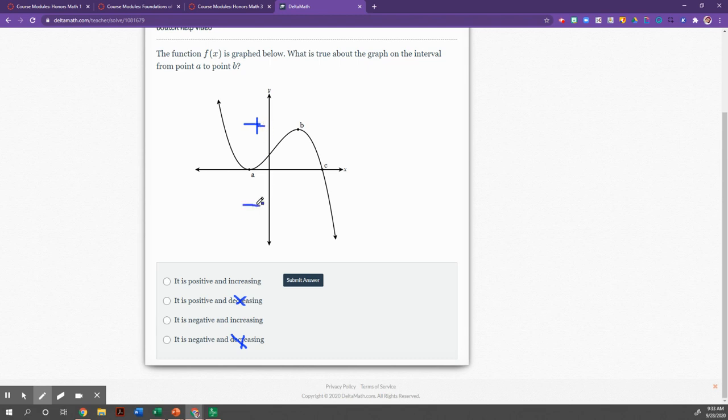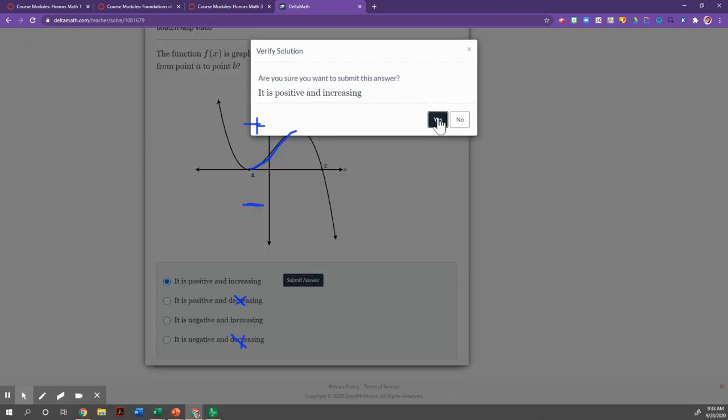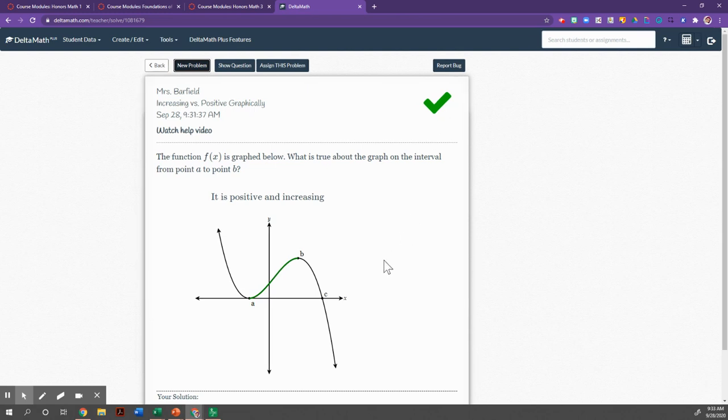If the graph is on this side, it's negative. Since the graph is from here to here, it's on the side that's positive. So if I go back to my cursor, I'm going to pick positive and increasing. Submit my answer. Yes, and there we go.